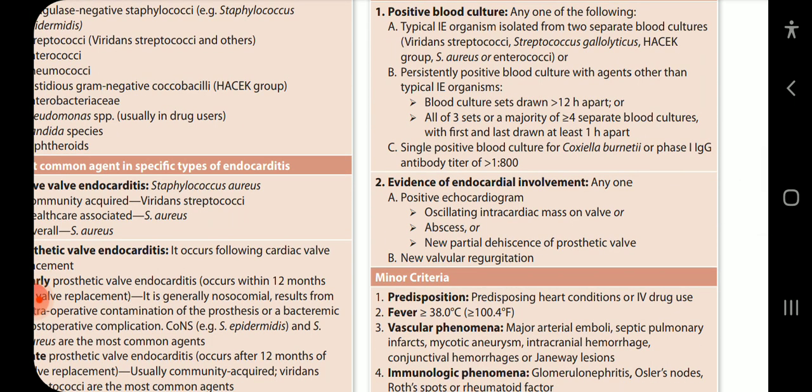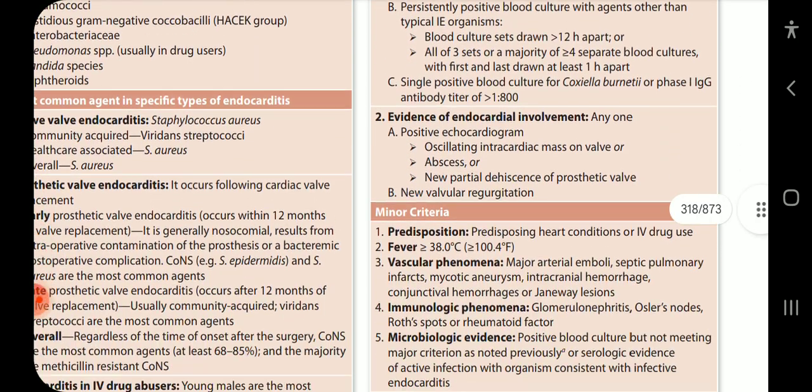Second, evidence of endocardial involvement. Any one of a positive echocardiogram, oscillating intracardiac mass on a valve, an abscess, a new partial dehiscence of a prosthetic valve, or a new valvular regurgitation can all account for major criteria.